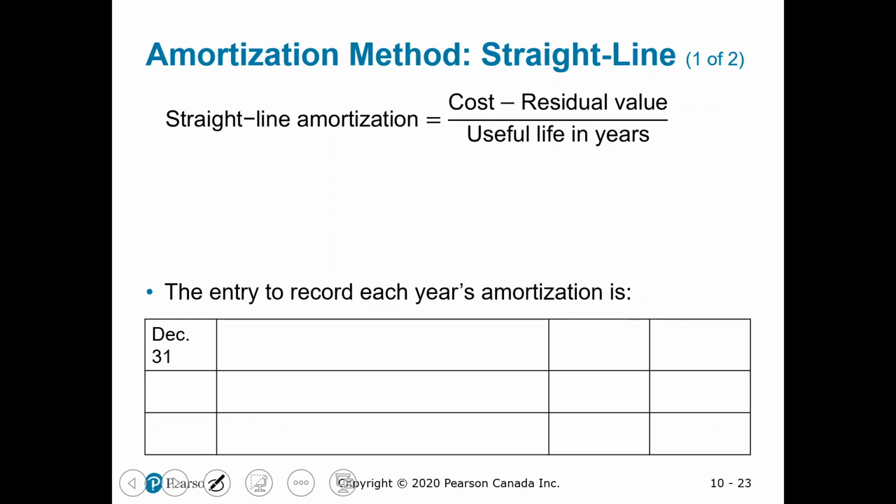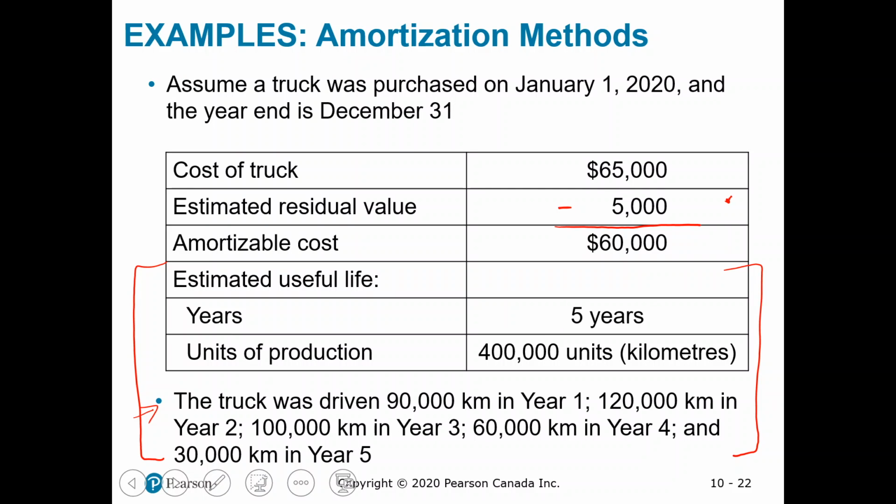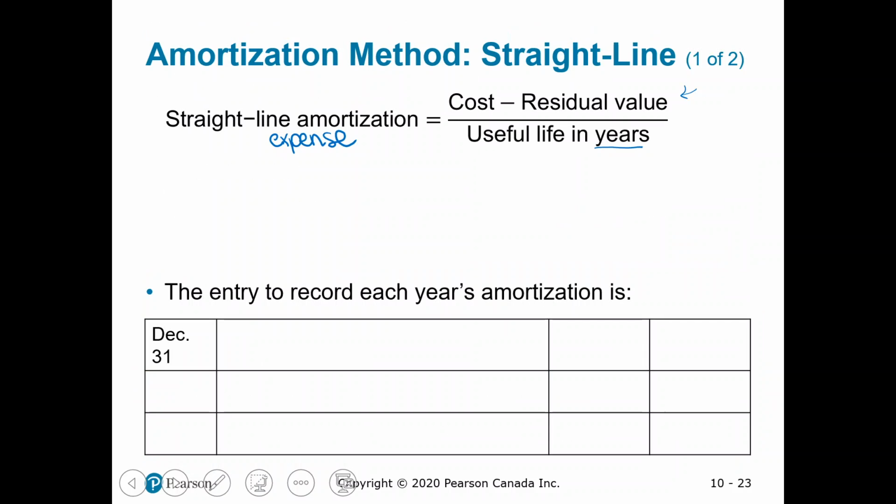So as a reminder, the straight line amortization expense is calculated as our cost minus our residual value. So that's that amortizable cost. And we divide it by the useful life in years. So if we're using the straight line method, we're not worrying about units of production or these kilometers. We just care about the number of years.